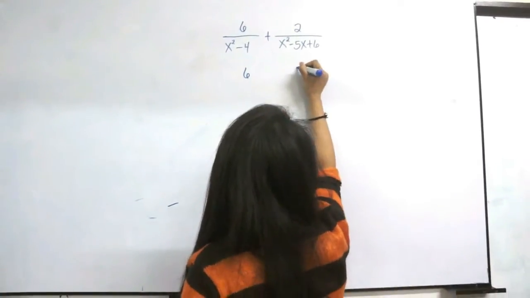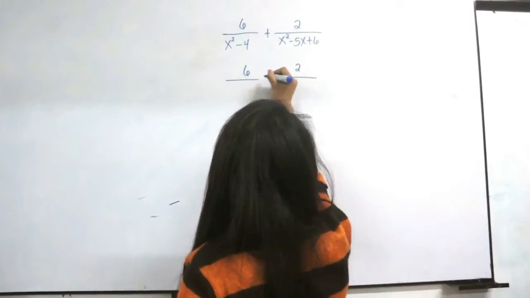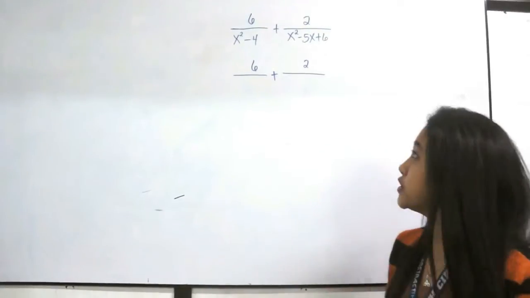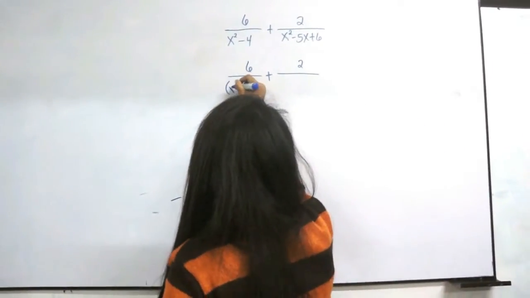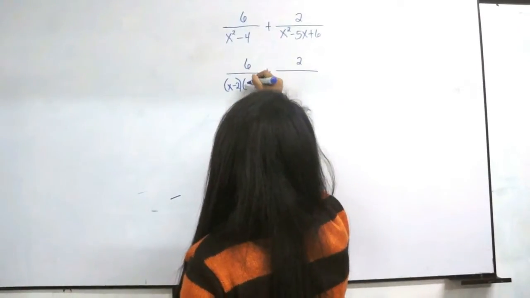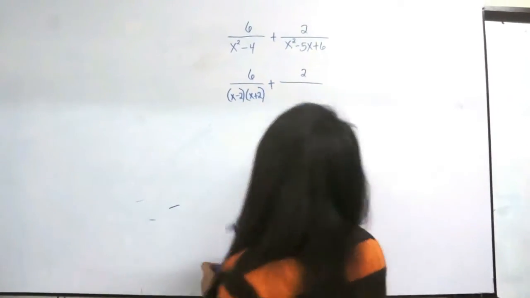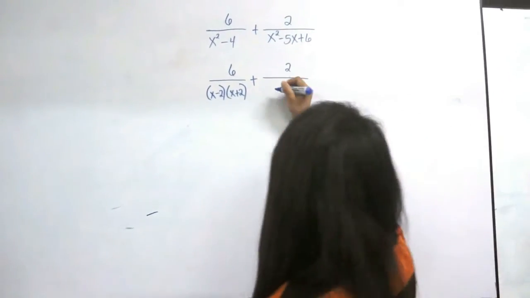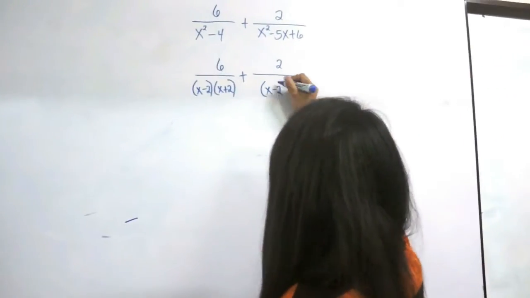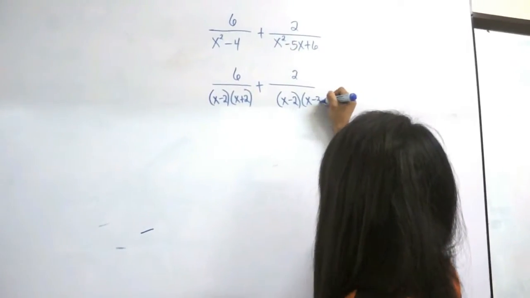The factored form of x squared minus 4 is x minus 2 and x plus 2. And the factored form of x squared minus 5x plus 6 is x minus 2 and x minus 3.